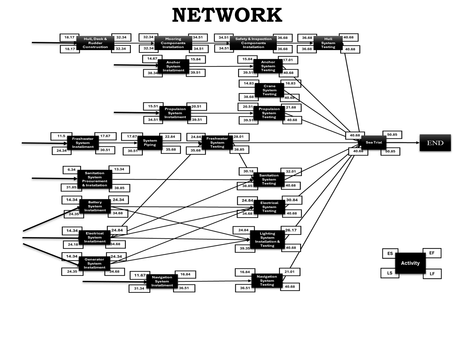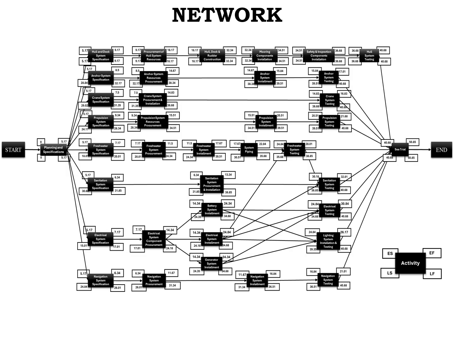And we were able to determine the earliest start time, earliest finish time, latest start time, and latest finish time using our expected time that we calculated earlier. And we can see it represented here. And the whole network model ends after the sea trial. So this is the general representation of the entire system network model.